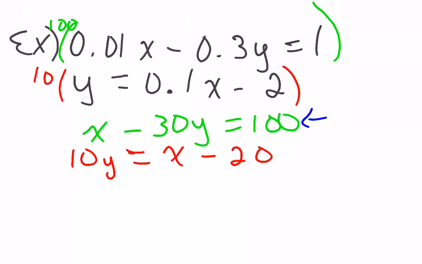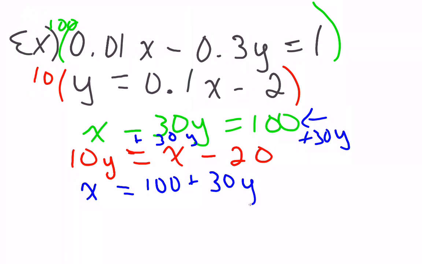So I'm going to move the 30y over. So I would add 30y to both sides, so that the top equation becomes x equals 100 plus 30y.